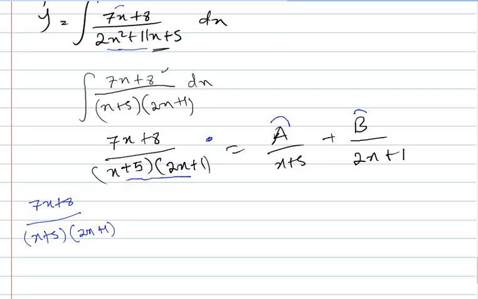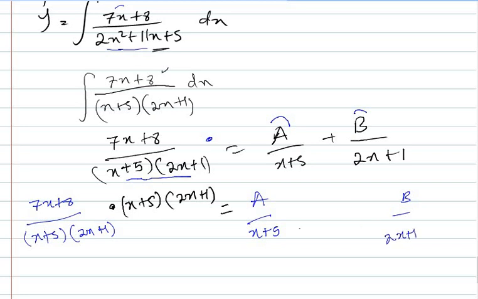Multiplying by this, we have the denominator (x plus 5)(2x plus 1). Then for the A, we have A over x plus 5, and for the B we have B over 2x plus 1.